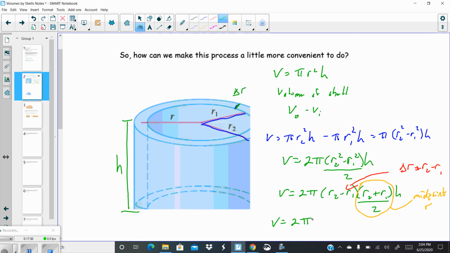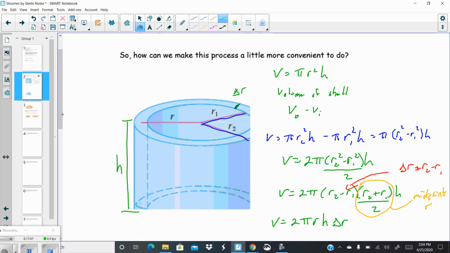This part in orange was R. The part where the R2 minus R1 was delta R. And don't forget we have a height. So we have height, delta R. 2 pi R h delta R.